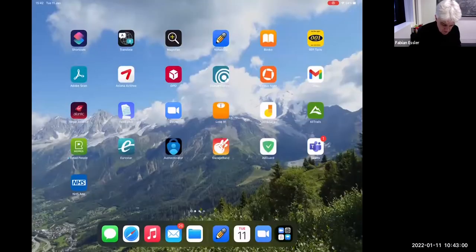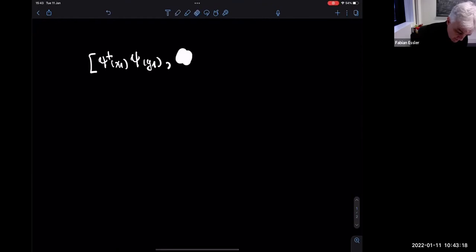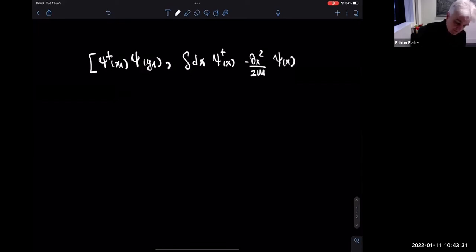So what I'm using there is basically, let's look at something simple. So you have psi dagger of x1, psi of y1. And here, let's just look at the kinetic energy. So in second quantization it would look like this: dx psi dagger of x minus dx squared over 2m psi of x.